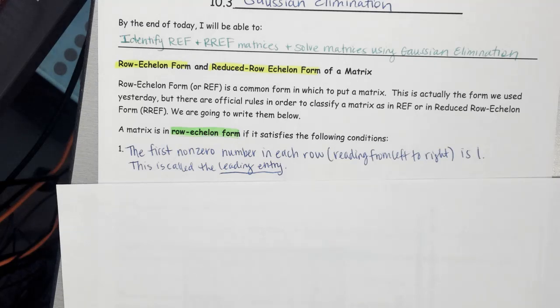So the first non-zero number in each row, reading from left to right, and you don't have to write that, that's implied, is 1, and this is called the leading entry.